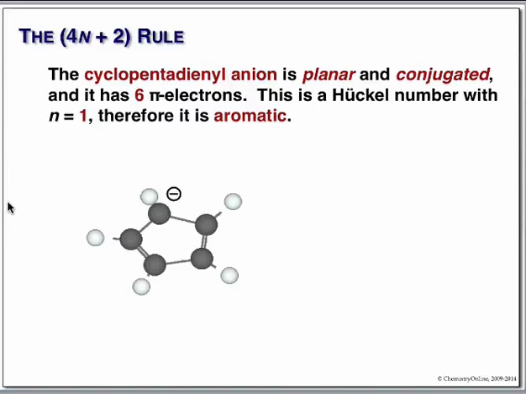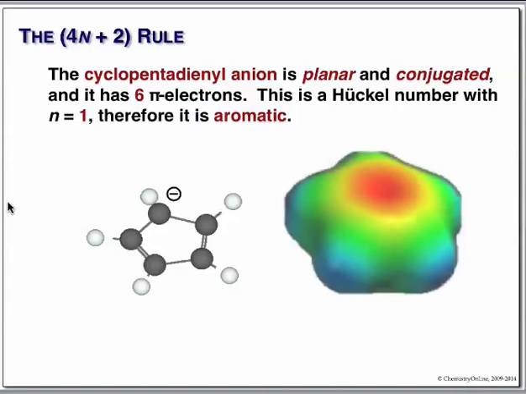However, this molecule can achieve great stability if it takes these electrons and then rehybridizes so that each of these centers is sp². When we do that, we'll have 2, 4, 6 electrons. It looks like this, a beautiful anionic aromatic compound.